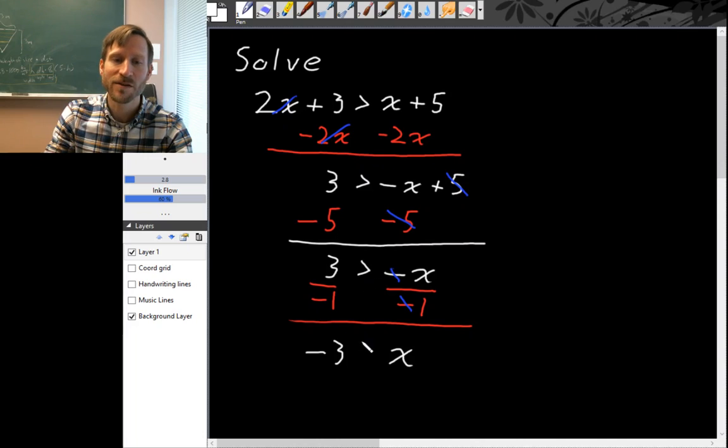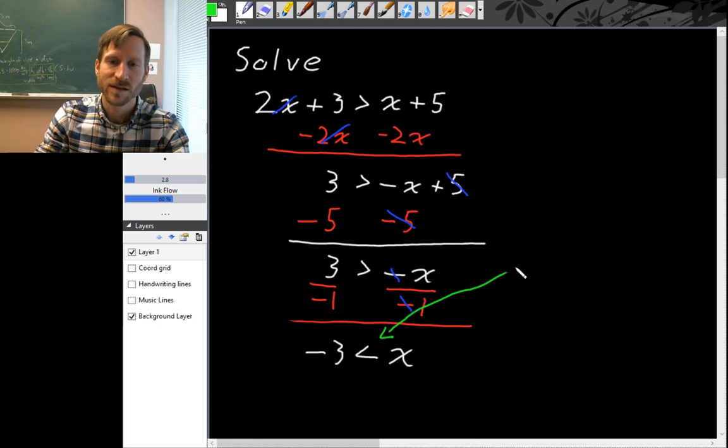It was greater than, so it becomes less than. So right here, this inequality is less than and not greater than, and this is because we multiplied or divided by a negative.